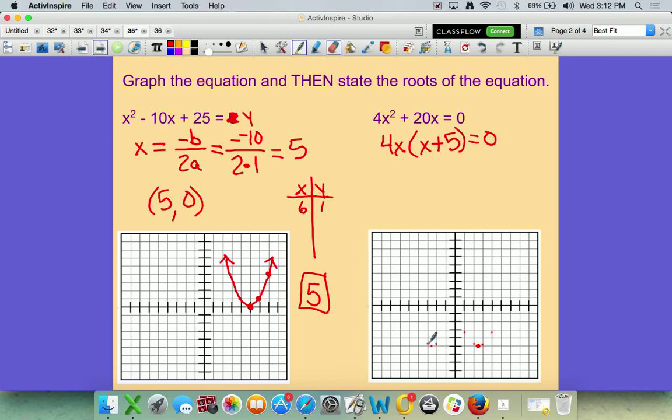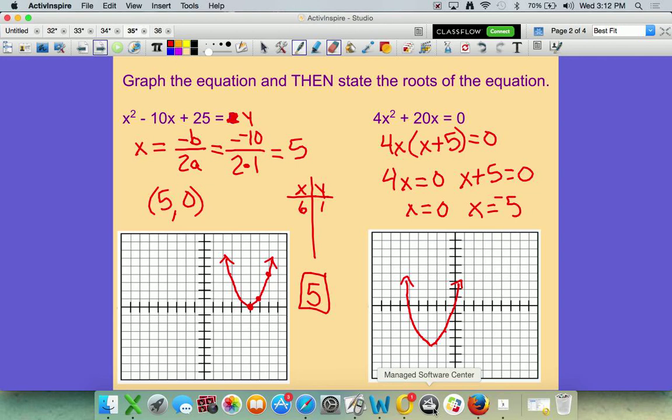And then I'm here and there and there and there, which looks much more like the XY chart that I had. All right, we set both of these equal to 0. x equals 0, and x equals negative 5. So then, because of that quick math, I can actually find, well, it goes right through those 2 points. There's my graph.